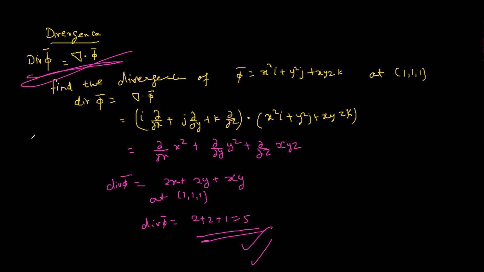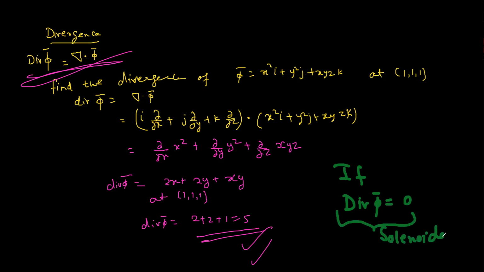Okay, and a very important thing: if the divergence of any vector phi is equal to 0, then it is called solenoidal. This is very important. What is solenoidal?